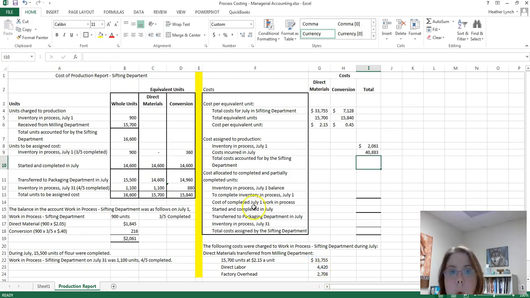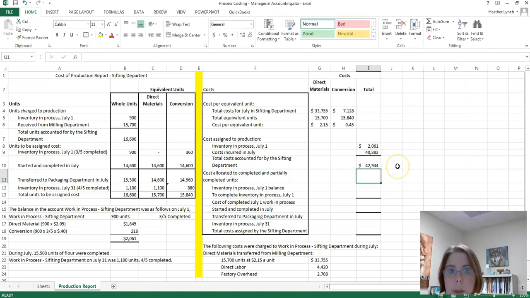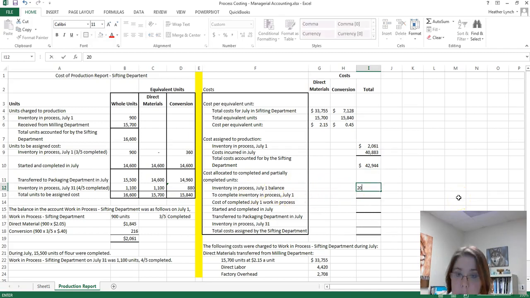Okay, so our total cost incurred by the sifting department is the $2,061 plus the $40,833. Now we need to look at costs allocated to complete and partially completed units. So inventory in process July 1st, that was the $2,061.